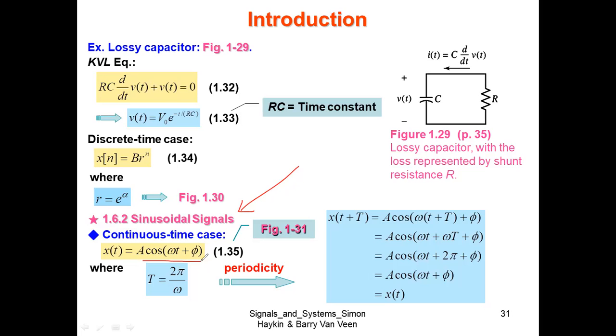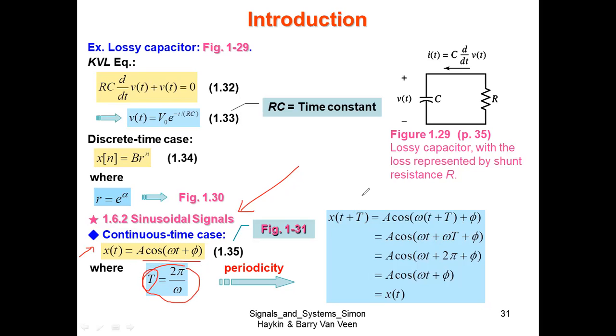All continuous time sinusoids are always periodic with some period equal to capital T. Capital T is the smallest time interval after which the same amplitude pattern repeats.